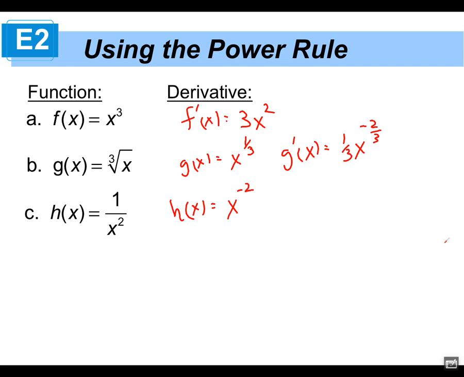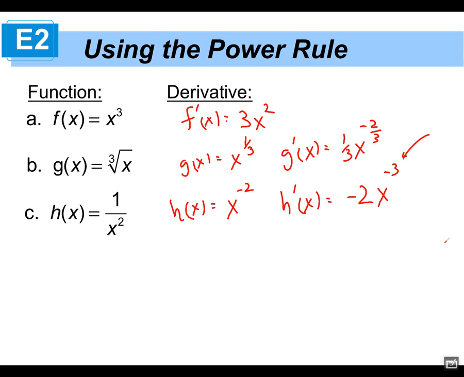So therefore h prime of x would be negative 2x to the negative third, because negative 2 minus 1 is negative 3, not negative 1. This is probably the only thing that people are going to screw up on here: I'll always get a negative 1 there because people can't subtract.